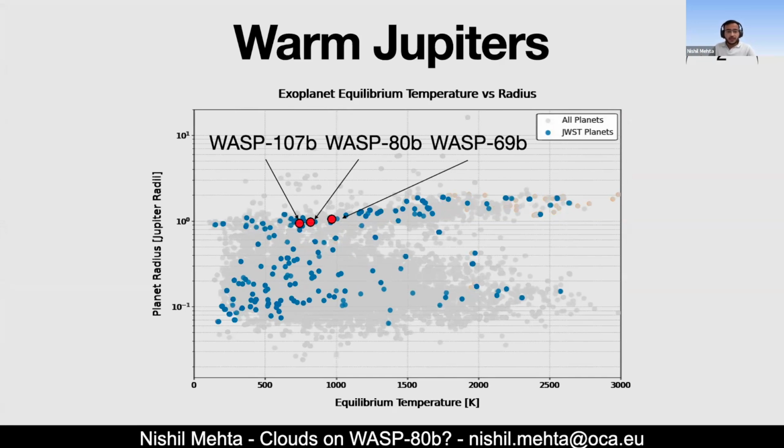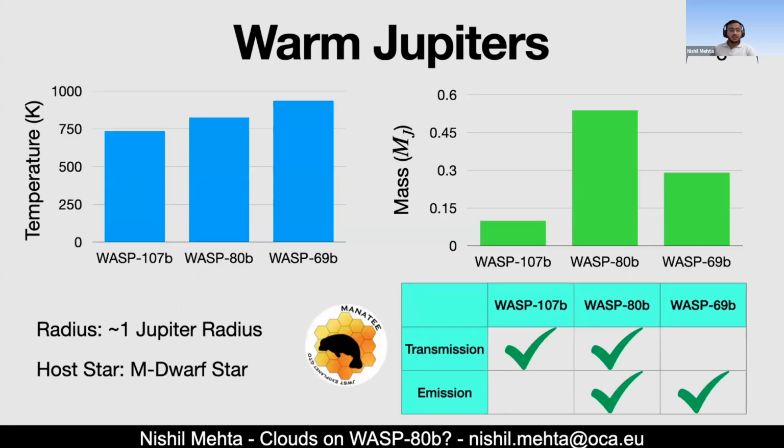When we look at these planets, we see that they are in the same temperature regime. They have a similar radius of around one Jupiter radius. They have similar host stars, which is like they orbit around M dwarf stars, but they have different masses and hence different gravity.